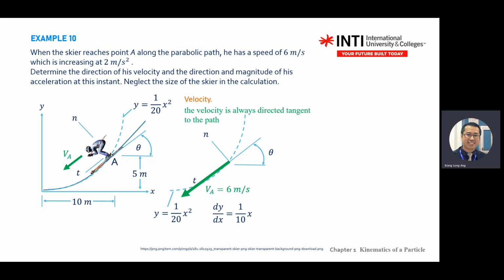You understand dy dx and d squared y over dx squared? You understand this one and this one or not? Your dy dx, you get 1 over 10x. What is the answer for d squared y over dx squared?